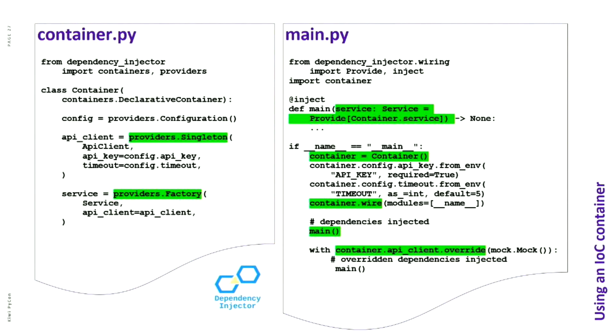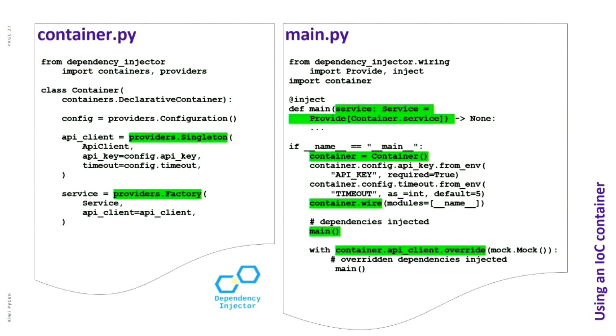It's a singleton. On the right-hand side there, our main method has the service class as a parameter, and that's provided by the dependency injector provider. And when we call that, we don't actually need to specify what we're passing into that method.